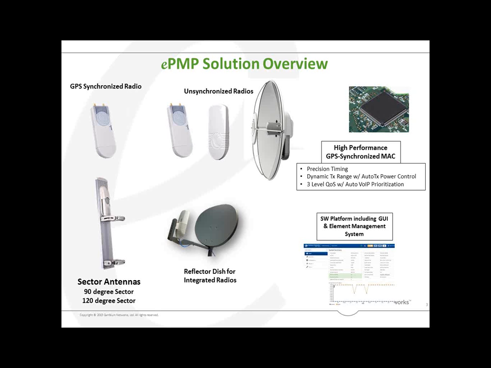And then we have a set of sector antennas as well as a reflector dish antenna to increase the gain of the solutions. So the hardware is based on a Wi-Fi chipset, but the solution is not Wi-Fi. We've totally redesigned the protocols so that it operates in a GPS synchronized mode, which allows you to do frequency reuse and gets you very high spectral efficiency.